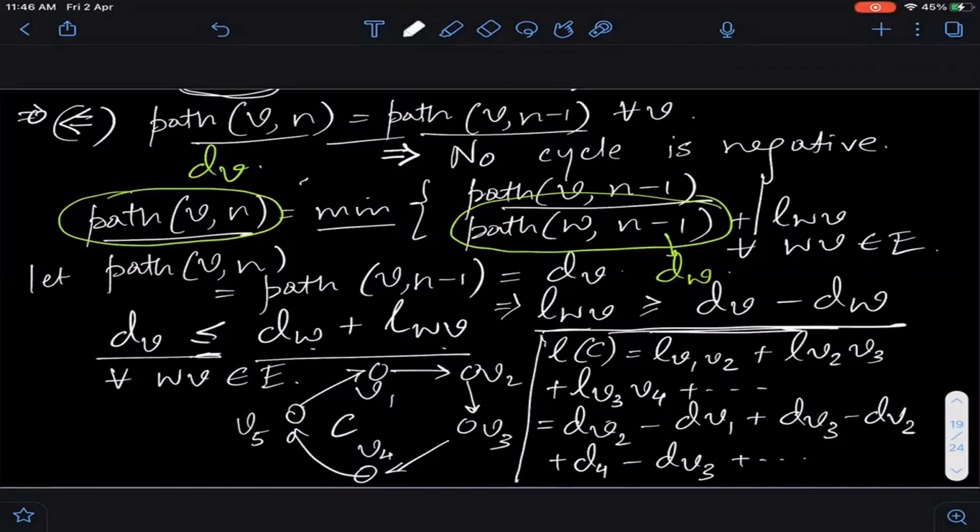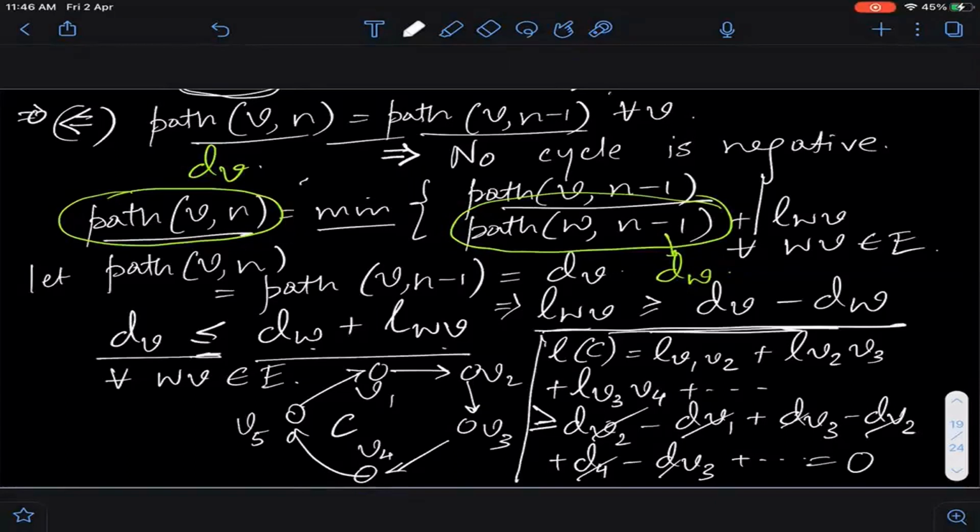But the whole point is that all these cancel out, and this gives you a 0. This is greater than or equal to. So that means that the total length of all the edges in your cycle is at least 0. उससे कम नहीं हो सकता.